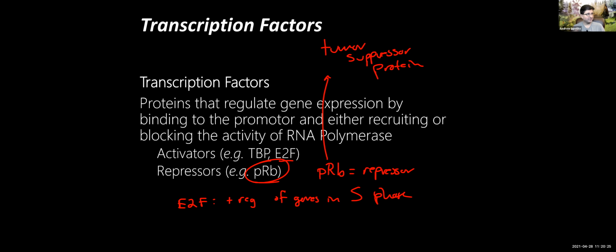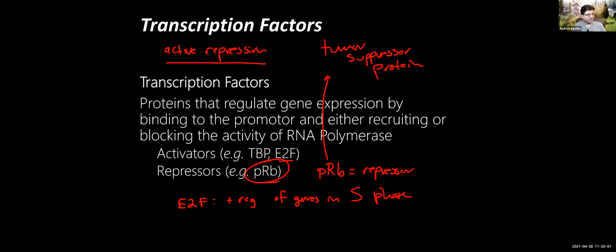So it is a negative growth regulator. Its job is to bind to promoters of S phase genes and stay there. Here's the concept: this is active repression. That's a key concept to understand the way regulation works.